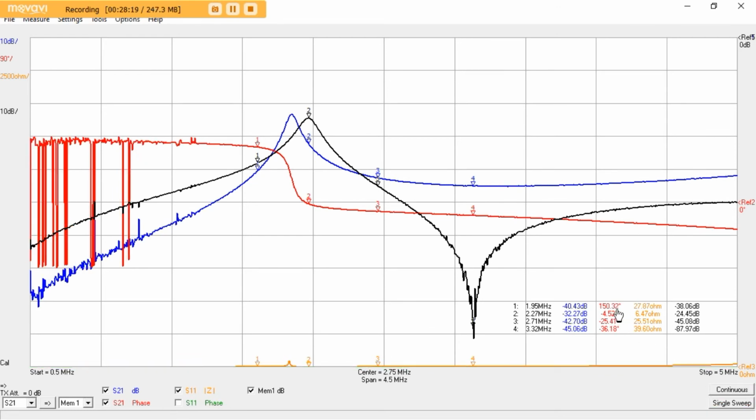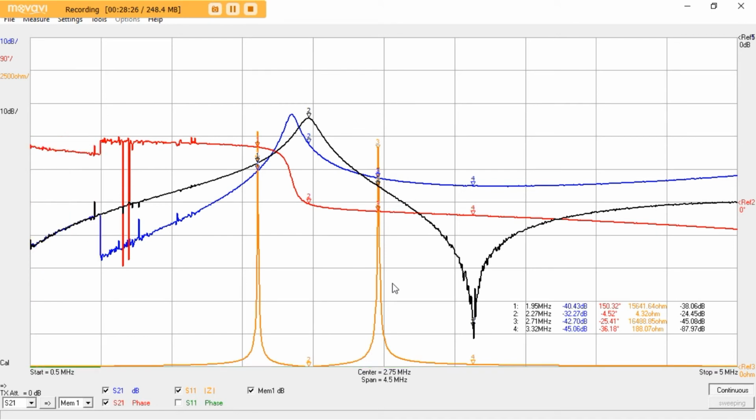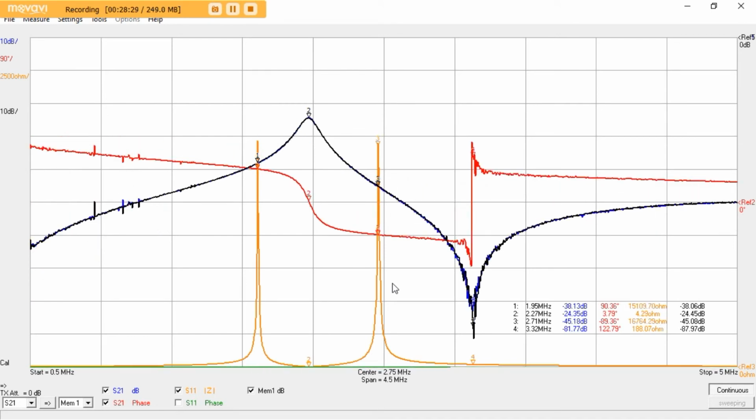So if we just go back to 3 turns, put it back on continuous, there we are. So this peak here at marker 3 is the parallel mode from the primary, and this also appears to be connected with this characteristic in the transmission gain as well.